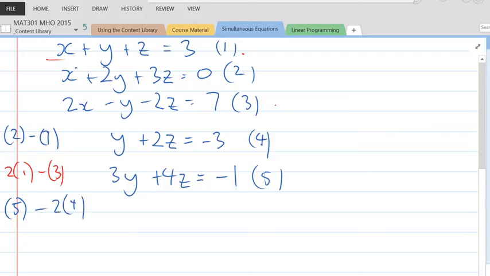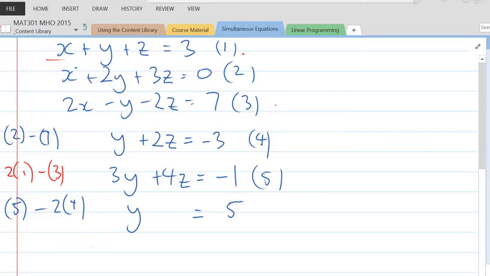So 3y take away 2y, it's going to be y. The z's will be eliminated. Minus 1 take away 2 lots of 3. 2 lots of negative 3 is negative 6. So minus 1 take away minus 6 is going to give me 5. So I got y equals 5. All right, let's keep going.